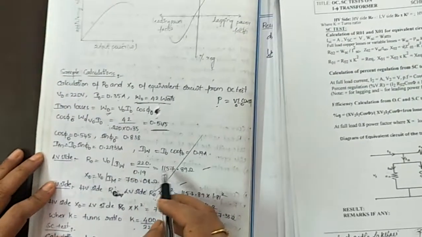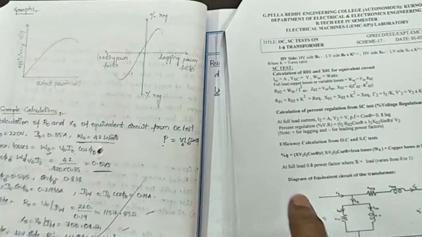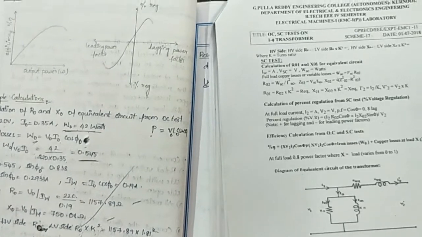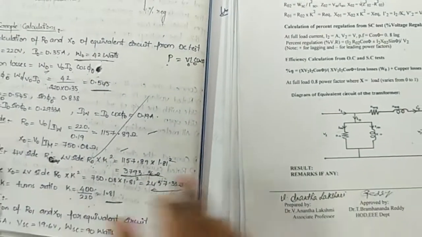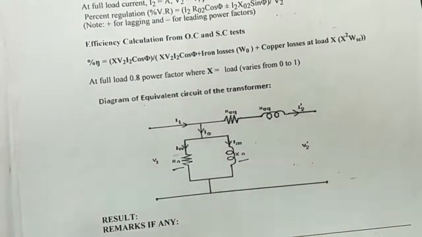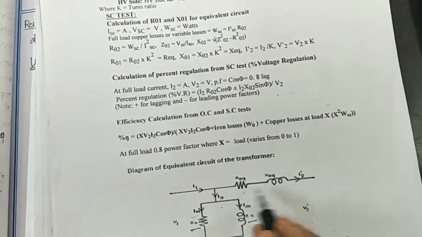So here the values obtained on the LV side are transferred to the HV side. The excitation parameters obtained here are the R0 value and the X0 value. So you can see that the exciting branch R0, X0 values are obtained. The I0 value you already know, and R equivalent, X equivalent are obtained from the short circuit test.